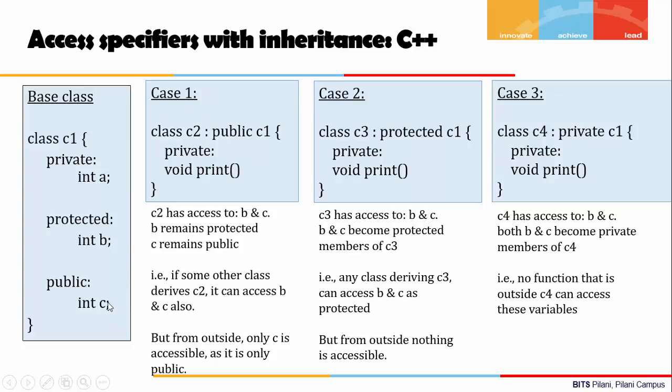Only a derived class will be able to access the protected variable. From outside, none of them is accessible. But when it is private inheritance, no function can access these variables from outside. They are both private to this class. So this is the usage of access specifiers in inheritance.